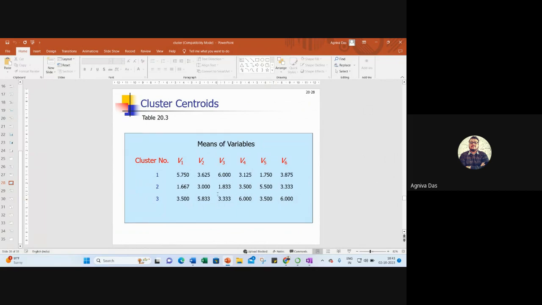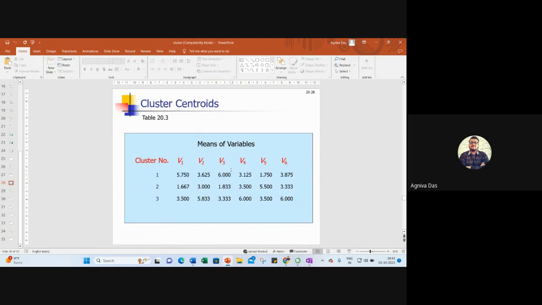It also has higher values in V2, so V2, V4, and V6. And then V1 and V3, I think, belong to cluster number one.